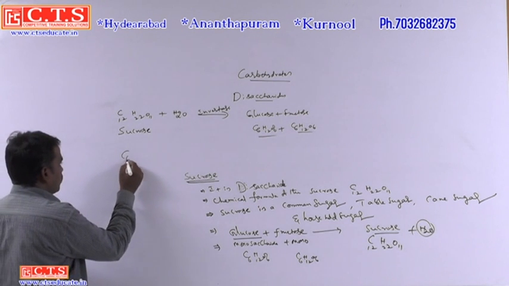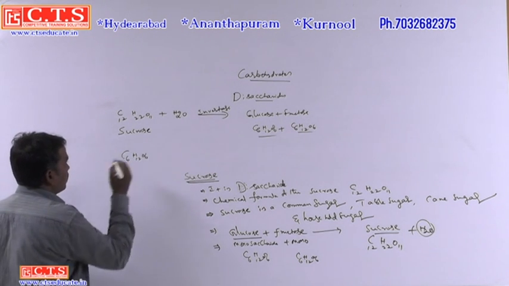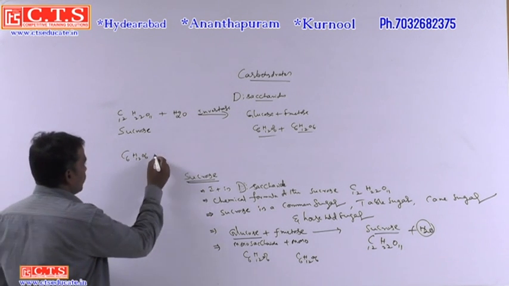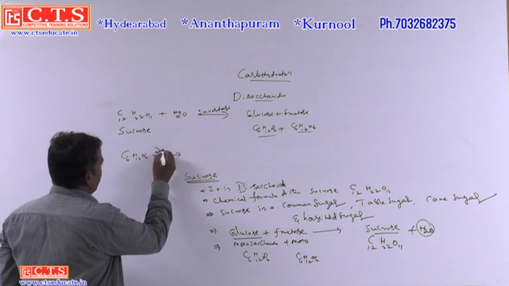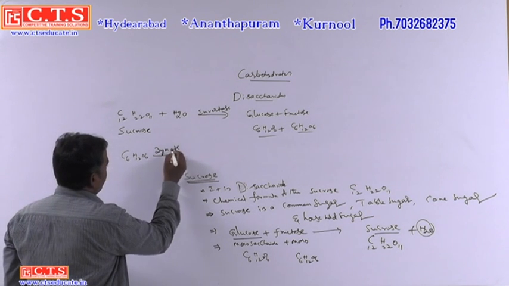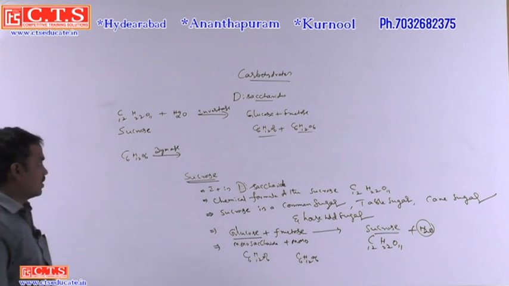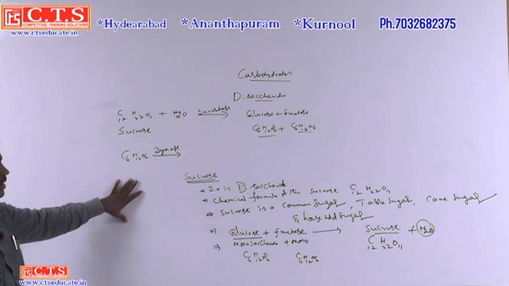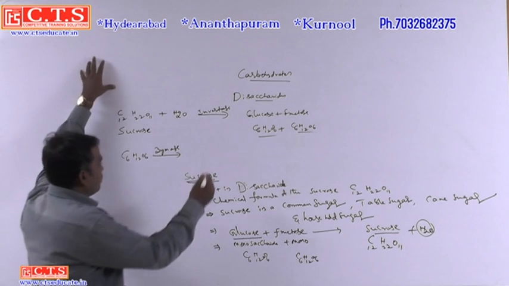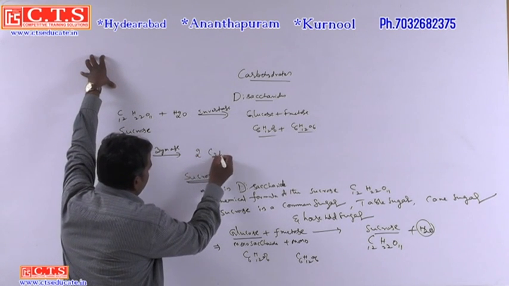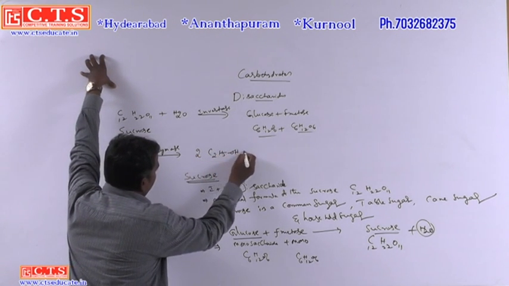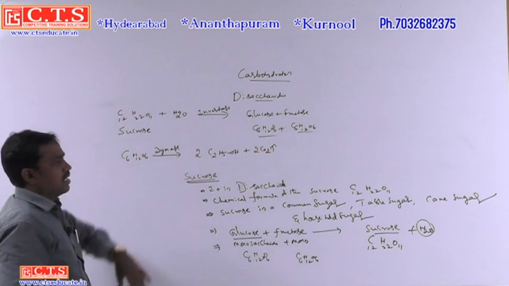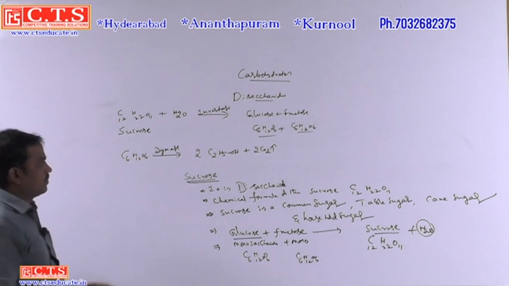When glucose C6H12O6 or fructose is in the presence of zymase enzyme, 2 moles of ethyl alcohol and 2 moles of carbon dioxide are obtained.